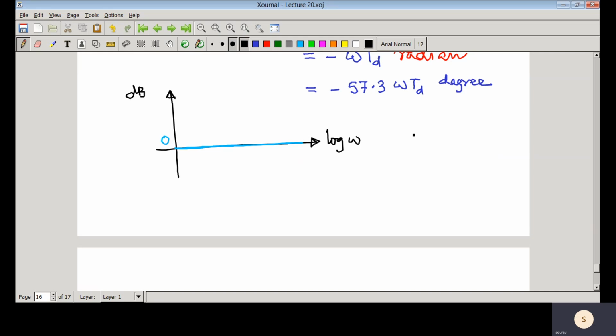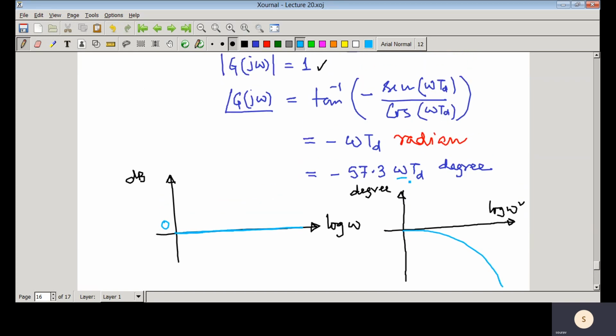And what would be the phase plot here? You can see this is the log omega scale, and this is in degrees. So that is minus 57.3 omega Td, and it is in log scale. So basically your plot would be like this. Whenever omega is increasing, that means with high frequency, there is always a phase lag.